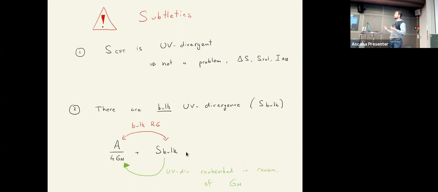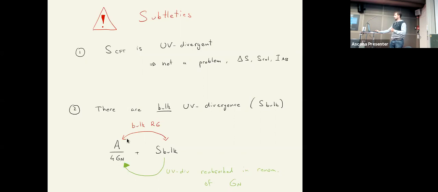And the general lore, which has been checked explicitly in some cases, is that the divergence that you get from the bulk entanglement entropy should be renormalized into the quantum Newton's constant. Newton's constant, this is an interacting theory. There are loops, Newton's constant runs. And really the divergence that you see here should be absorbed into Newton's constant.